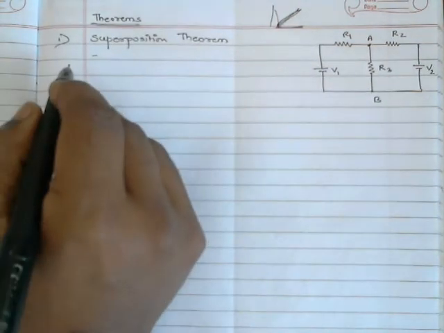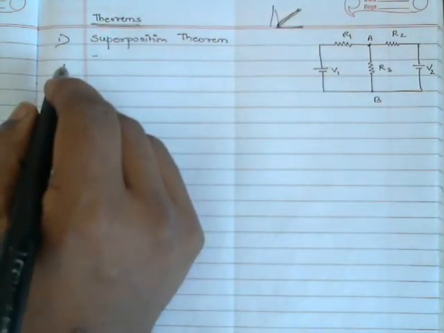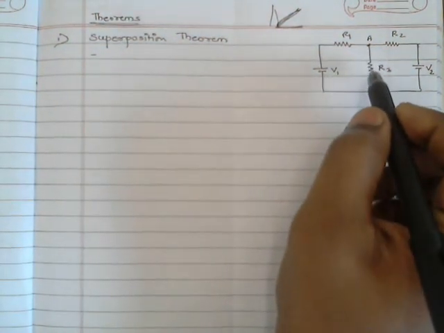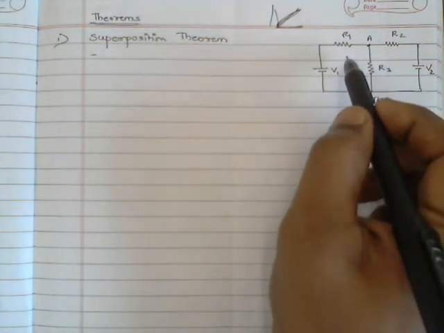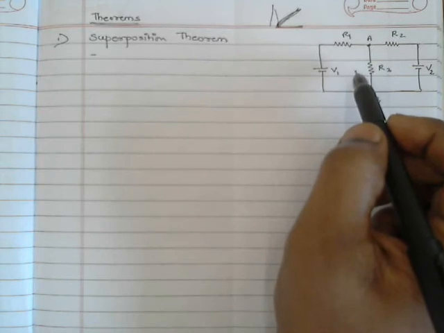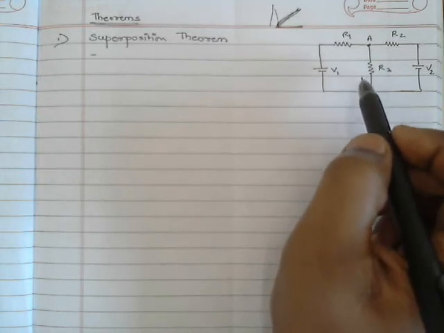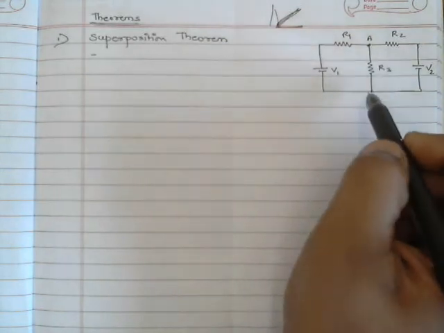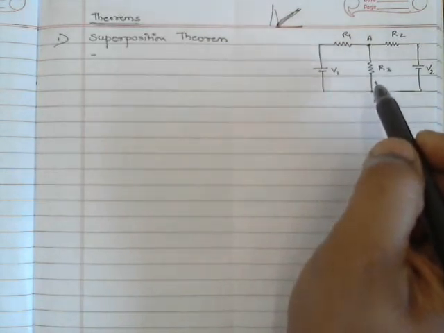In any linear electrical or bilateral network, the voltage across or current through any element is the algebraic sum of the currents that would have been produced by each source acting alone, when all other sources are replaced by their internal impedances, meaning resistances.